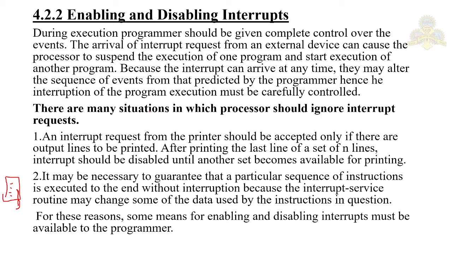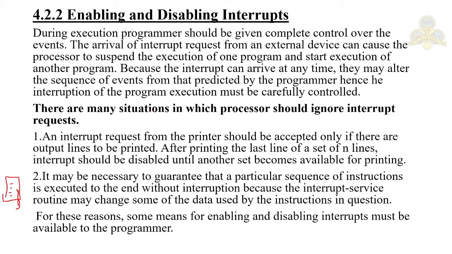Because the interrupt can arrive at any time, it is unpredictable. So it may alter the sequence of events predicted by the user or the programmer. Hence, the interruption of program execution must be carefully controlled.